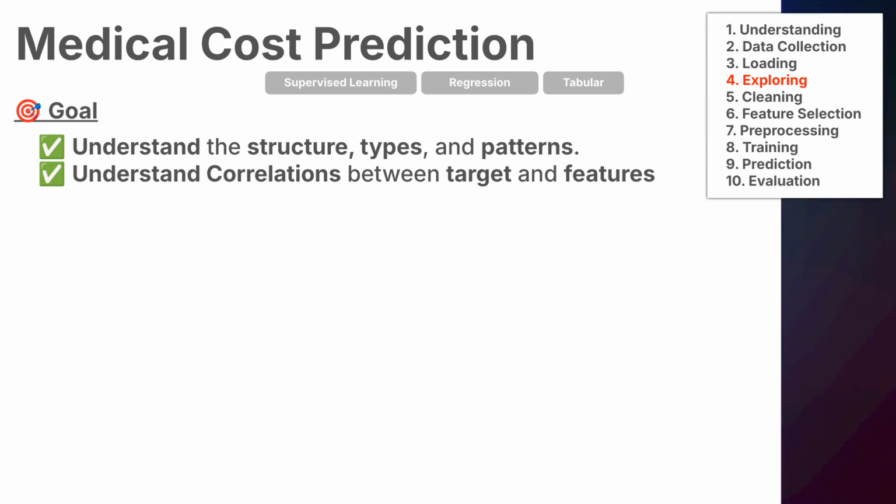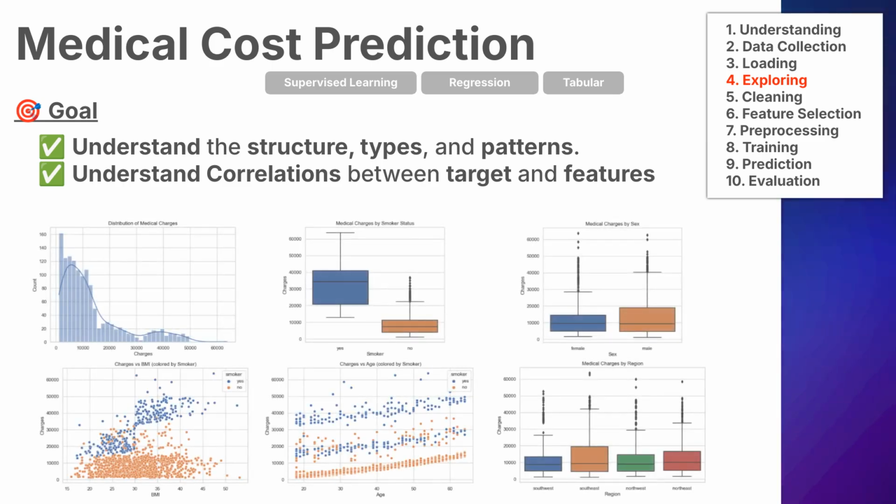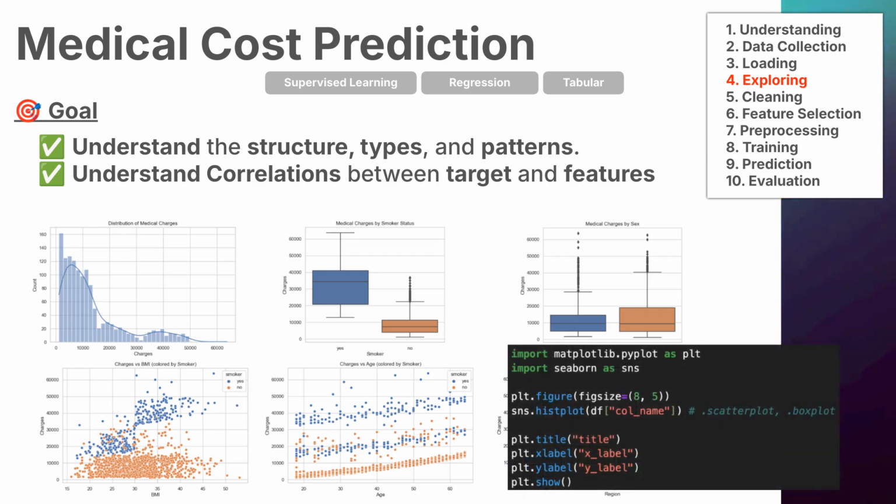And also visualization is important in the exploring step. It helps detect patterns, spot outliers, understand correlations, and present insights more easily to others. These graphs are drawn using the format shown in the lower right. It imports Matplotlib and Seaborn first. Then create a canvas and set the size of the plot.